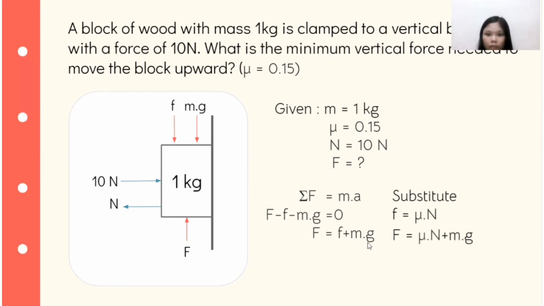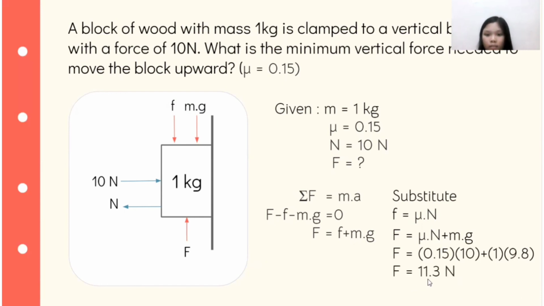So F equals mu times N plus m times g. So F equals 0.5 times 10 plus 1 times 9.8. So F is equal to 11.3.